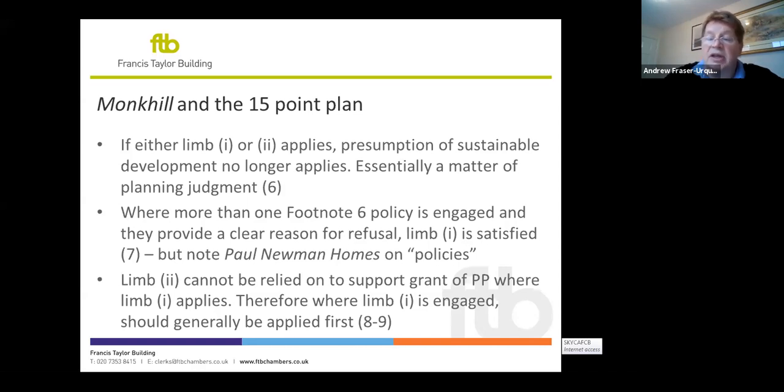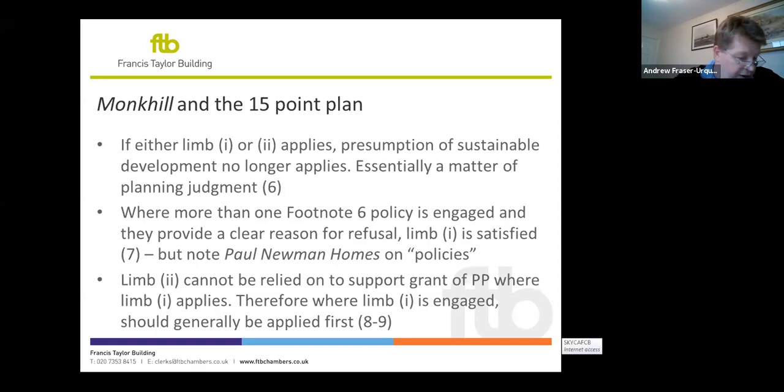This goes back to the central idea that paragraph 11 is the only game in town. It doesn't directly refer to the Renew Land and the East Staffordshire judgment, but that is effectively the working out of that principle. So if either Limb 1 or 2 applies, that's the end of the presumption in terms of that case.